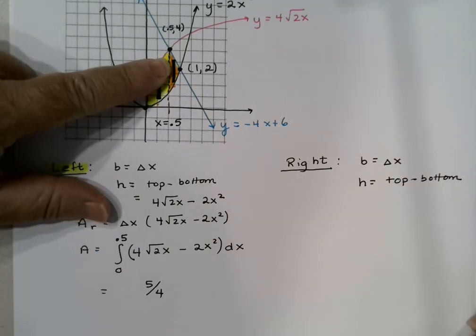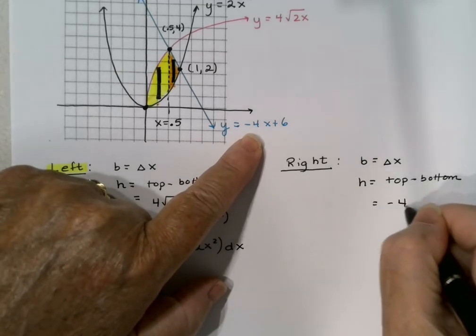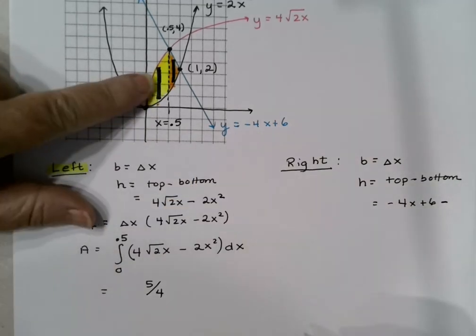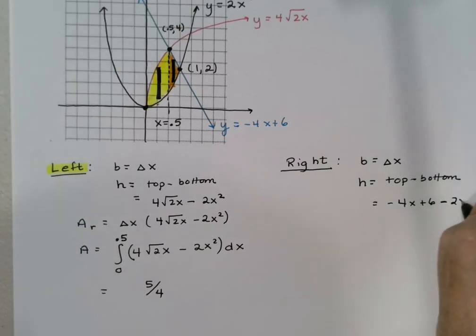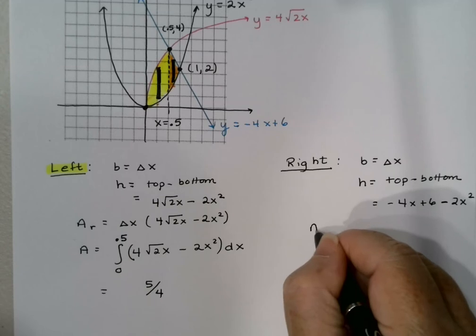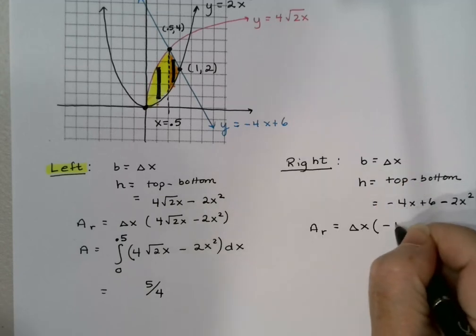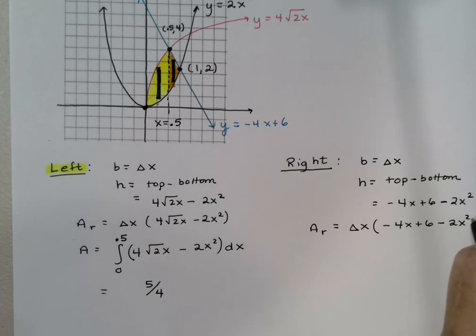The top this time is on the line, negative 4x plus 6. Subtract the bottom of the rectangle is on that black one, the parabola, 2x squared. So the area of the rectangle, base times height, looks like this. That's for one little rectangle.